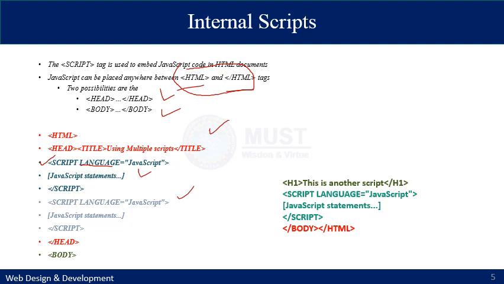Similarly, there is another script tag and another set of JavaScript statements can be written here. You are also free to use JavaScript anywhere in the page, such as this example, which shows that you can use a script tag in a body element, and it can contain a number of JavaScript statements.